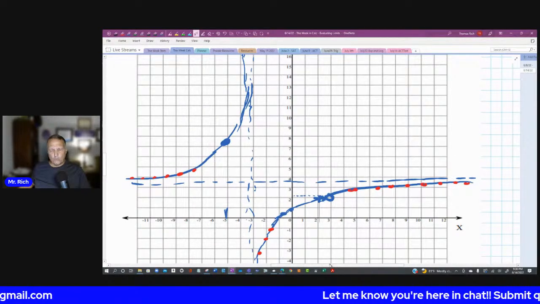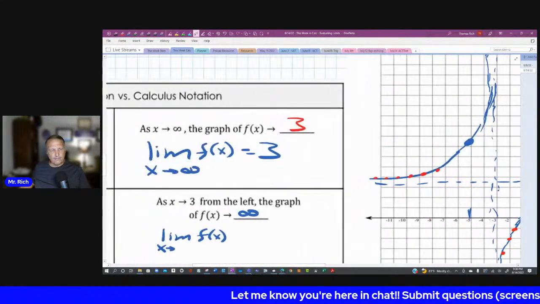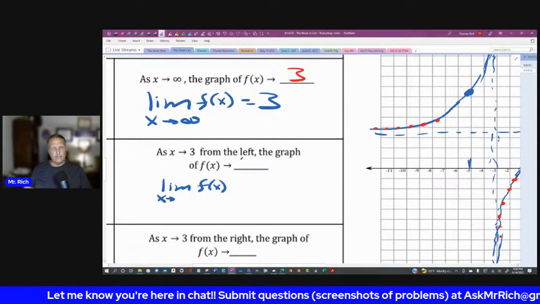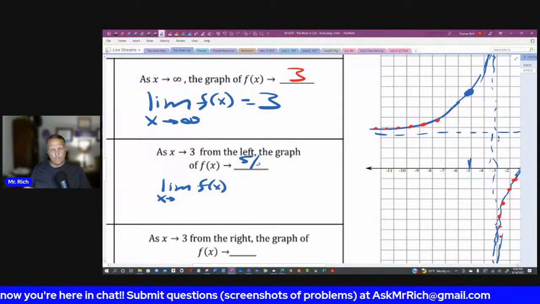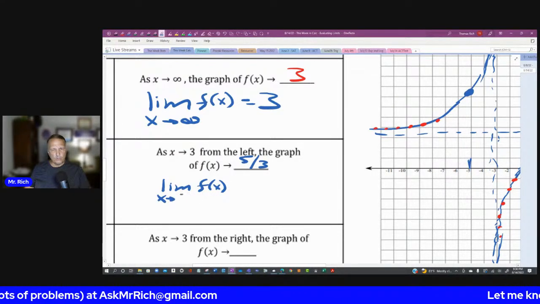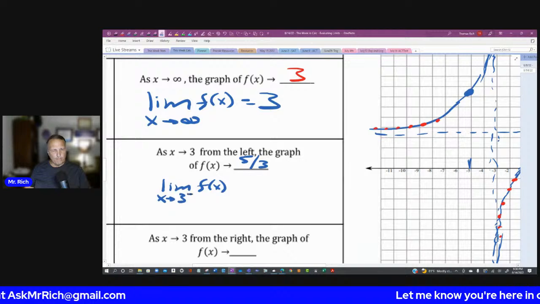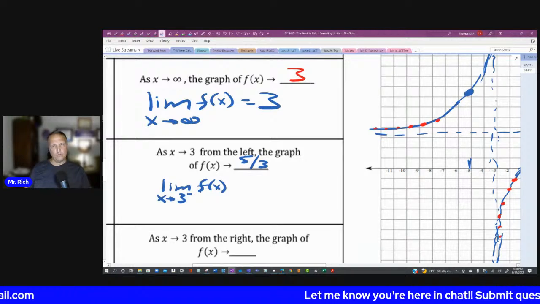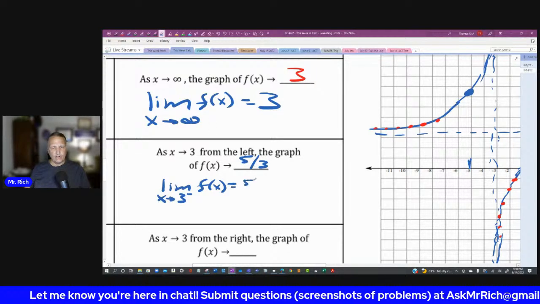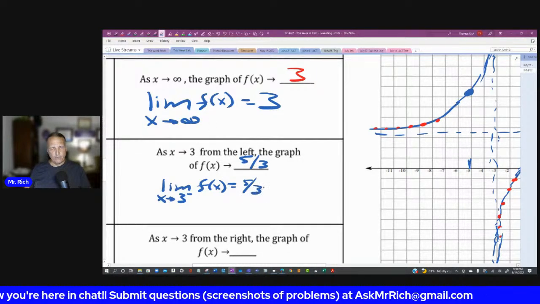So as you approach 3 from the left, it doesn't approach infinity, it's approaching 5/3. So we would say, as we approach 3 with a minus sign superscript, as we approach 3 from the left-hand side of 3, the y values get very close to 5/3.